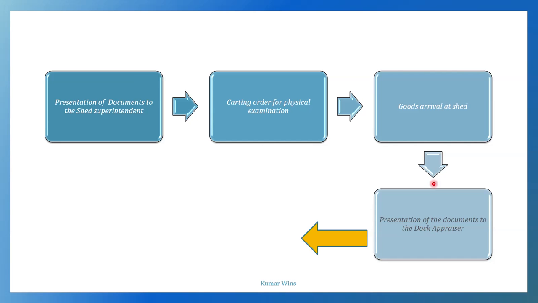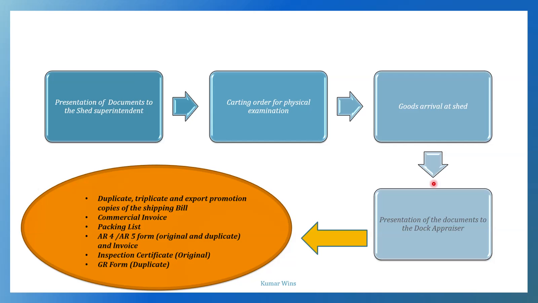We will discuss about it in the next slide. So I'm just going to mention all these documents which are presented to the dock appraiser. You can just have a look at it, make a note of all these documents which I mentioned earlier.